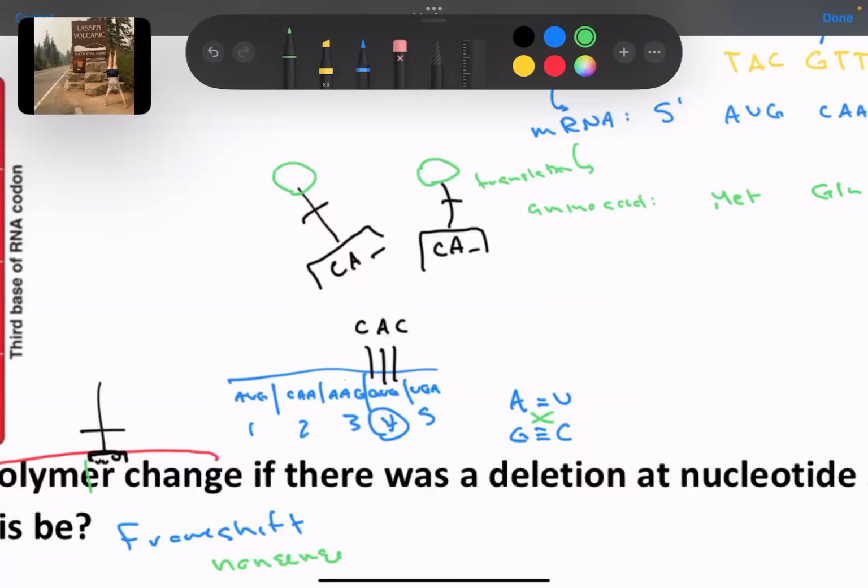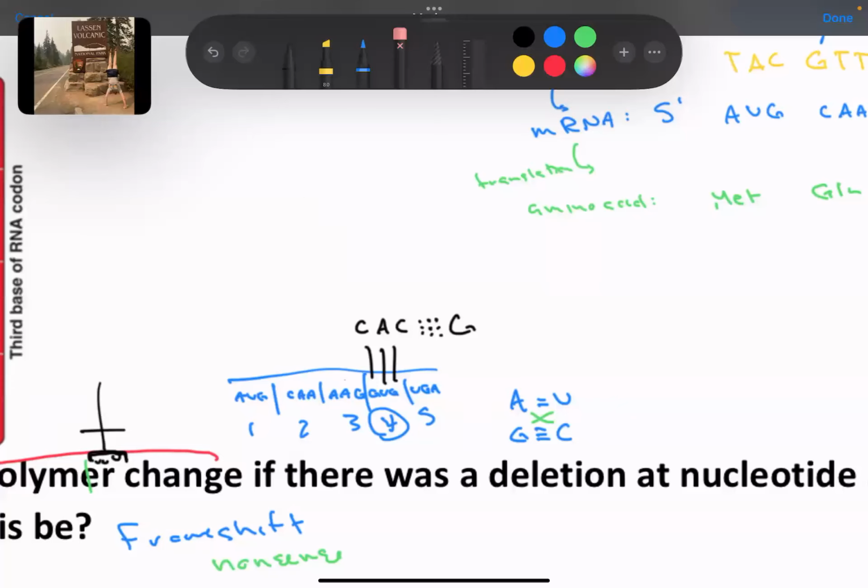So we would prefer a C, and we know that cytosine usually has a 3 hydrogen bond thing going on with guanine. This has to be the C because that's what exists. But if we had a mutation, I think you get the point, even though I messed up. So we would typically have a CAC anticodon.